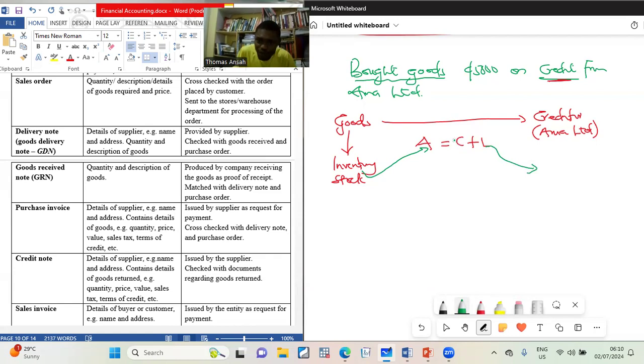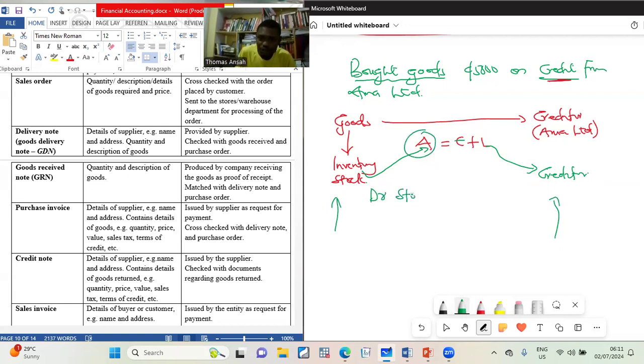This one is capital. So let me just make it equity so that you don't confuse C with C. So you will see that you have a liability who is a creditor, who is Ama Limited. So this is it. So what do you do? Since this one is an asset is increasing and liability is also increasing, when this side is increasing, what do you do? So you will debit.